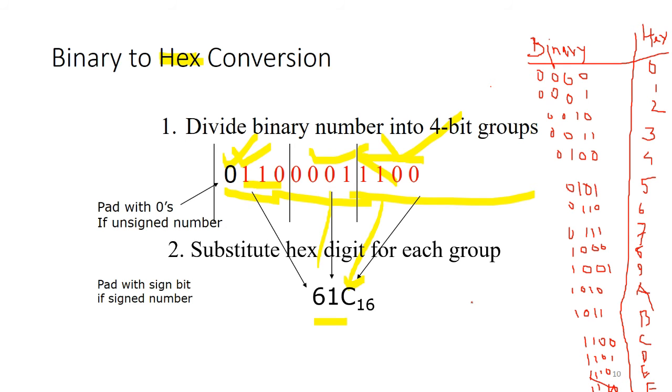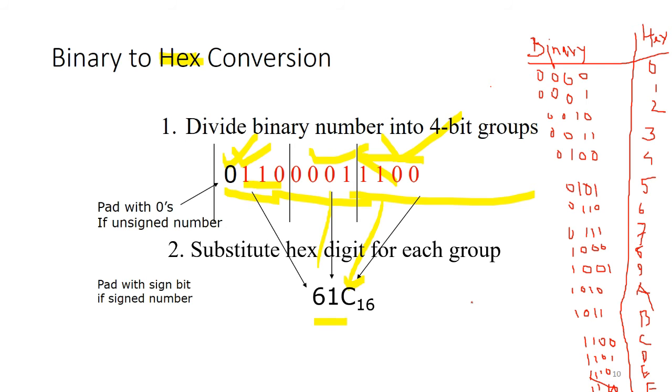So this is how we can make a table to understand the relationship between binary and hexadecimal numbers. If you are having trouble doing the division, not division I should say, first you have to group it in groups of 4.